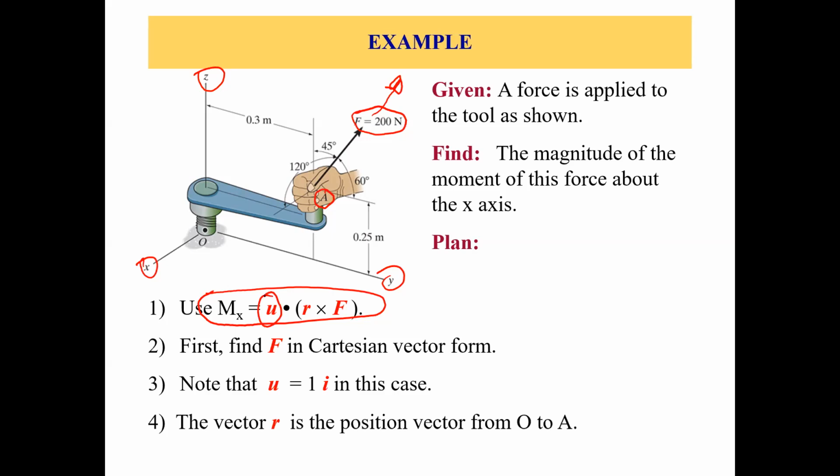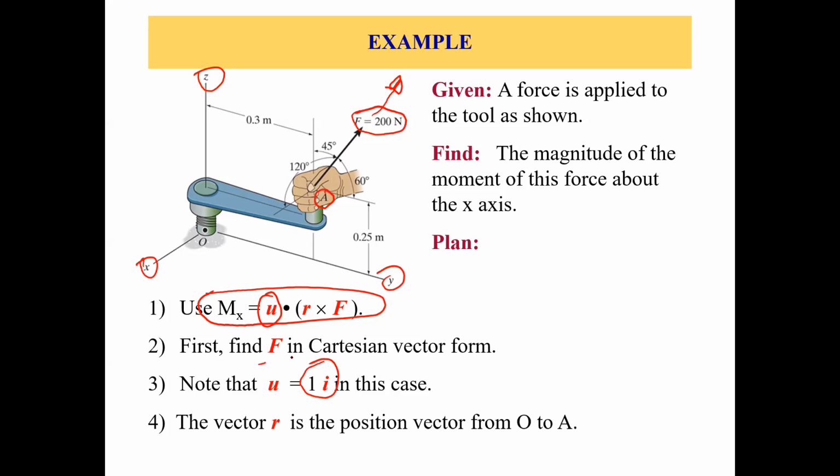Now, what is the unit vector which gives the direction of the x-axis? It's just 1i, because we are just using the direction of the x-axis. So y is 0, z is 0, and we only have 1i.